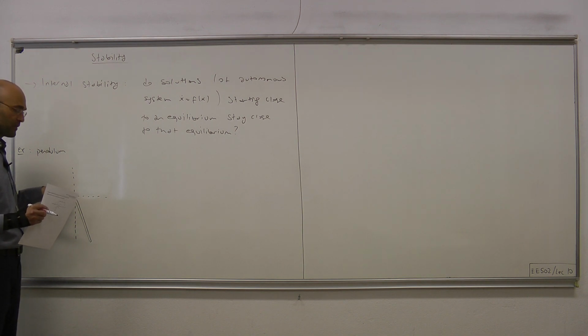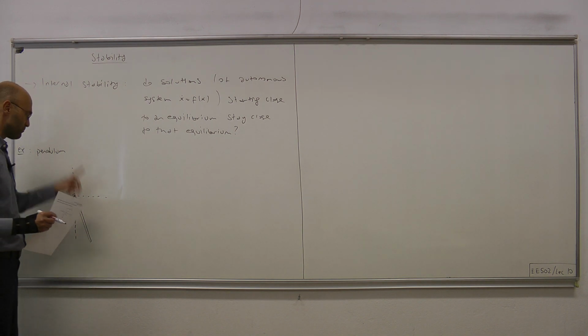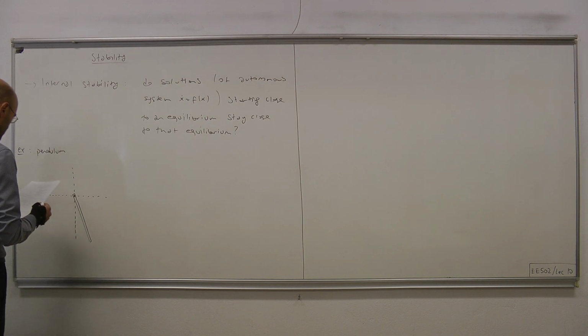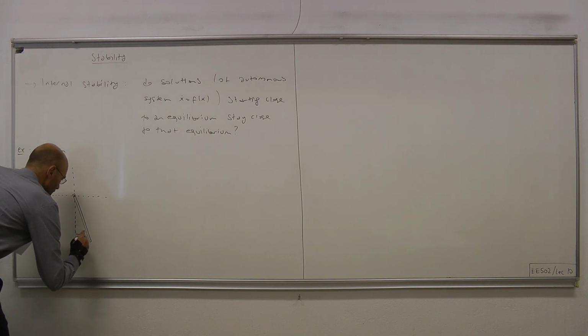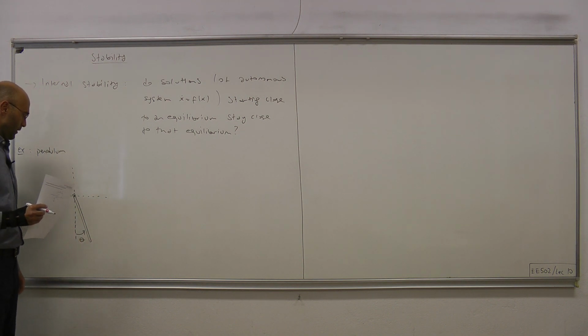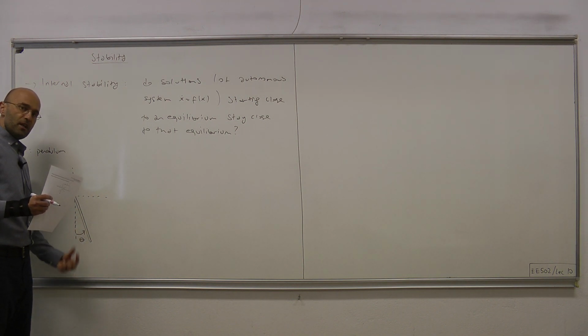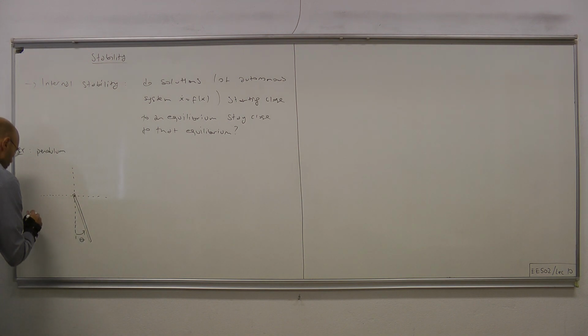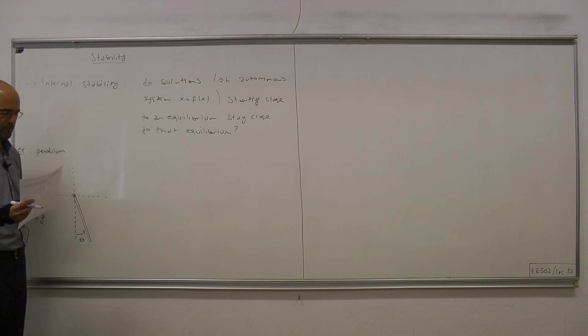It's pivoted here at this point, and it can rotate on this plane freely. And suppose that this is the angle of displacement from the equilibrium point, where this indicates the direction of gravity.